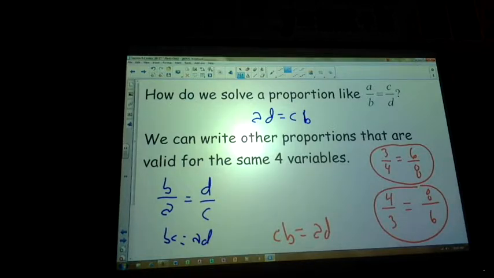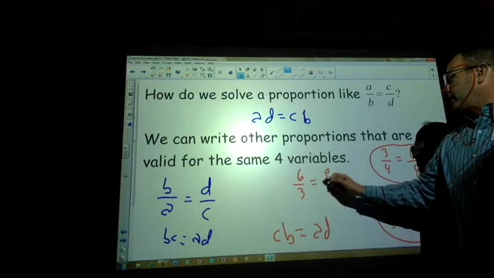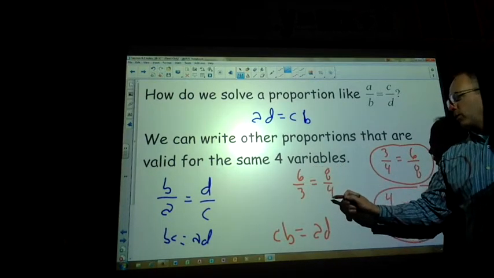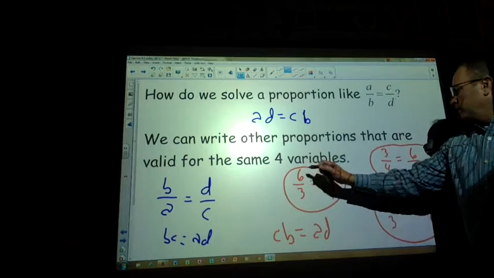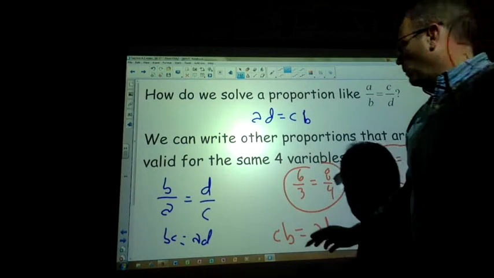What else? Six over 3. 6 over 3 equals 8 over 4. 6 times 4 is 24. Yep. And then flip that. Cool.